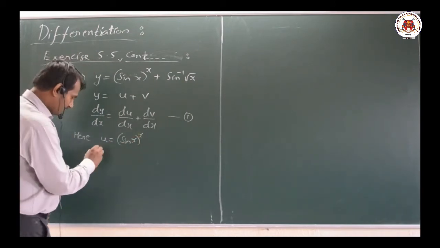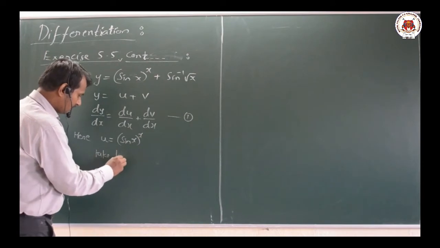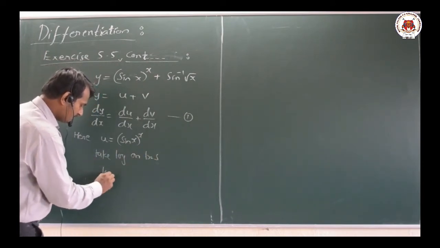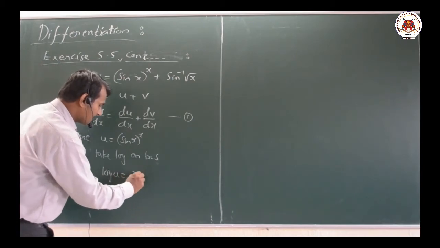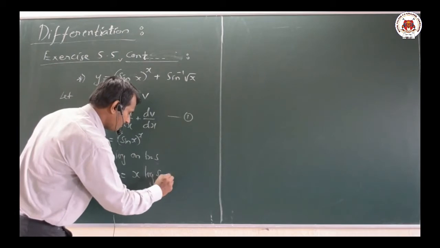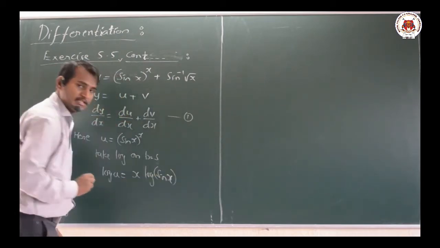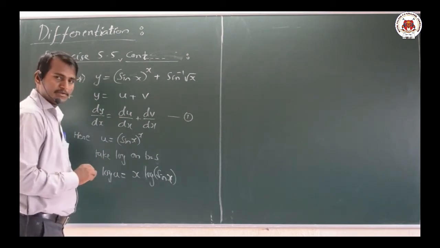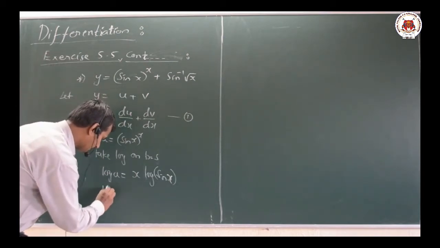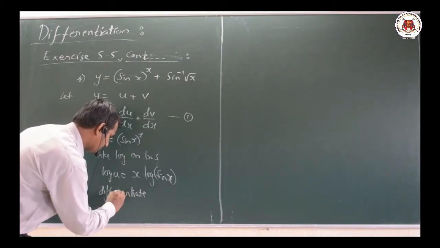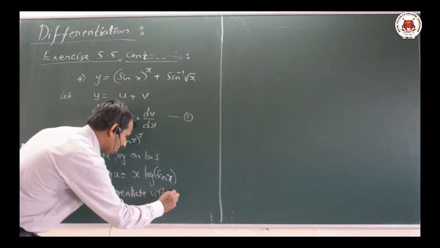Take log on both sides, so we have log u is equal to x into log of sin x. It is very clear and simple. Now we have to differentiate with respect to x.